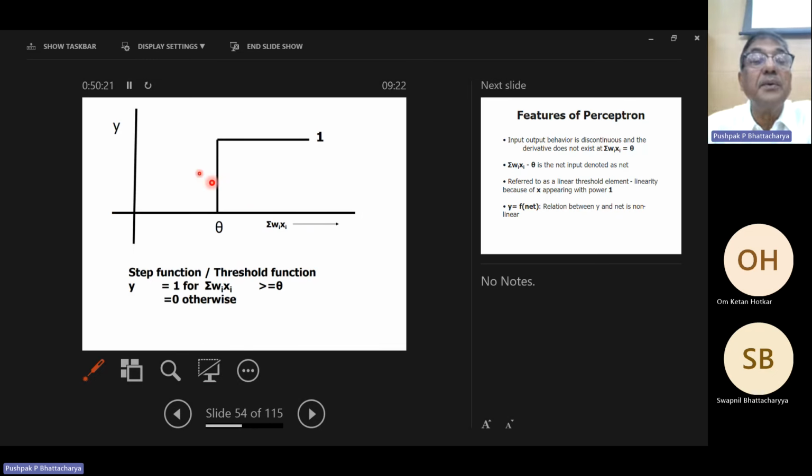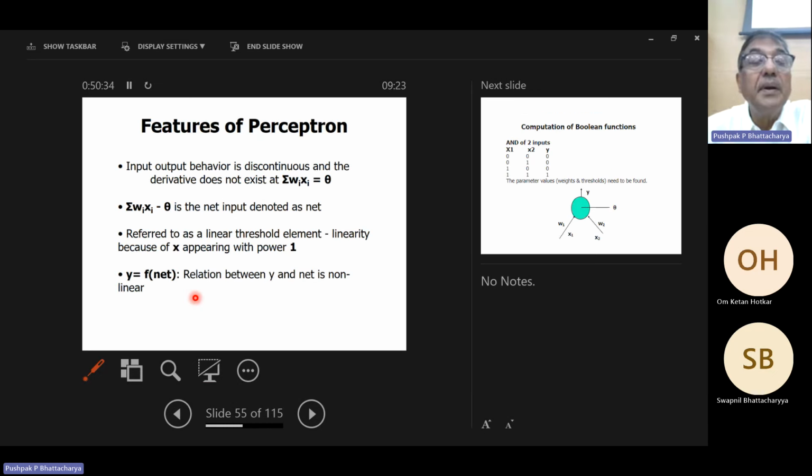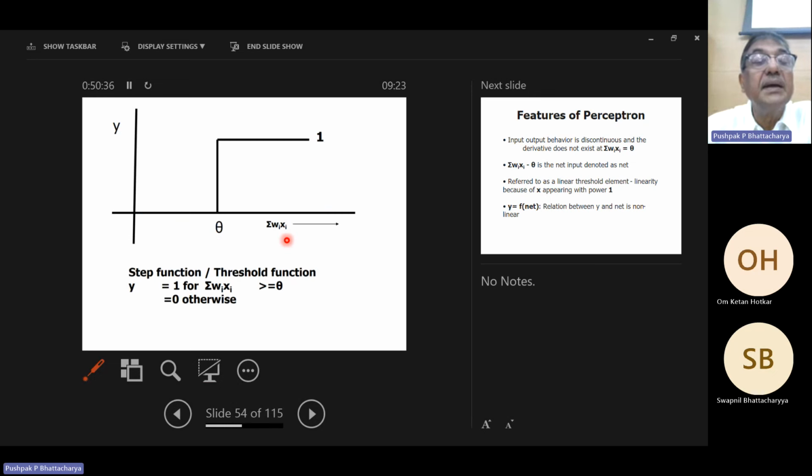Now, what is the computation law for the perceptron? Y is equal to 1 if sigma wi xi is greater than or equal to theta, otherwise it is 0. So if we plot Y versus sigma wi xi, then at theta the output shoots up to 1, and otherwise the output is 0.